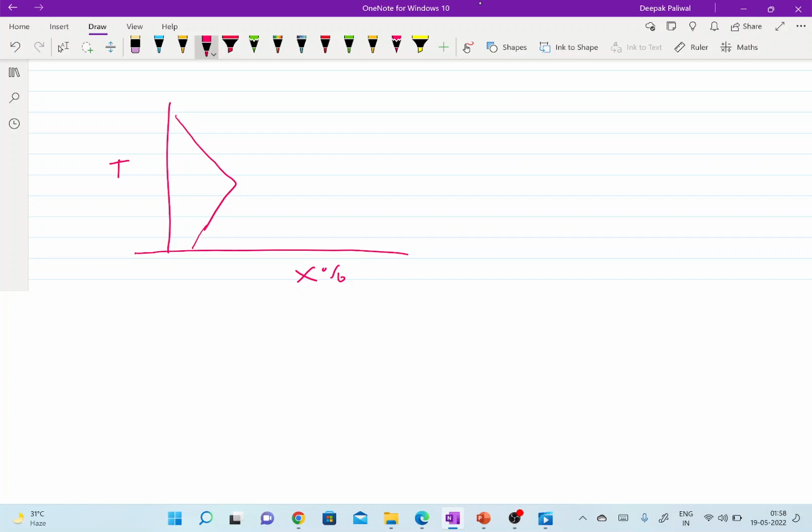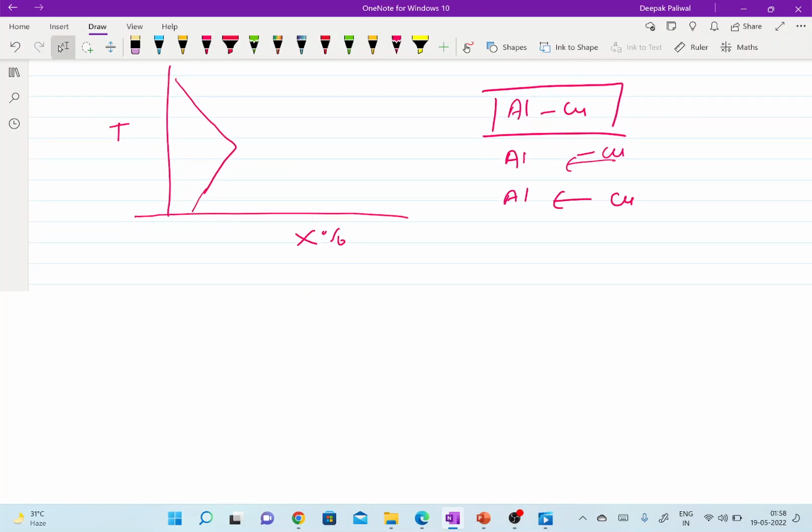In this aluminum copper system, we are talking about the mixing of copper inside aluminum. As we increase the temperature, the solid solubility of copper in aluminum increases.